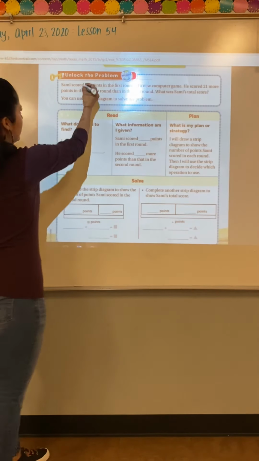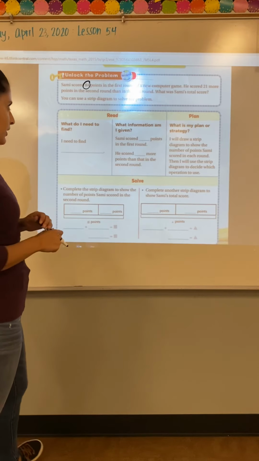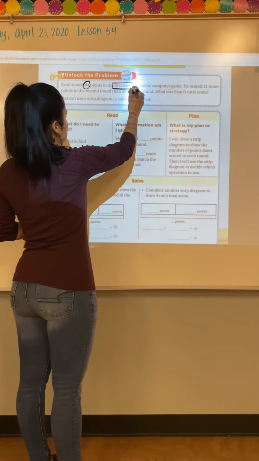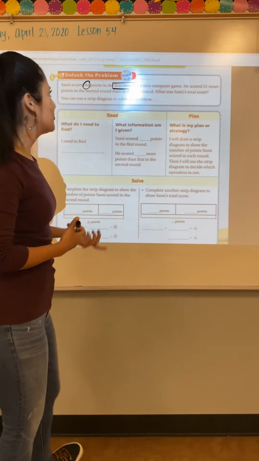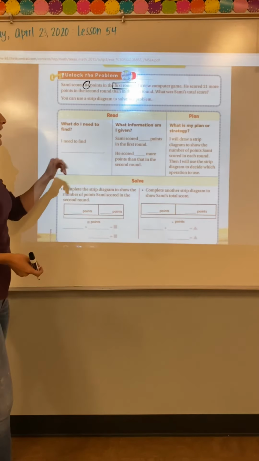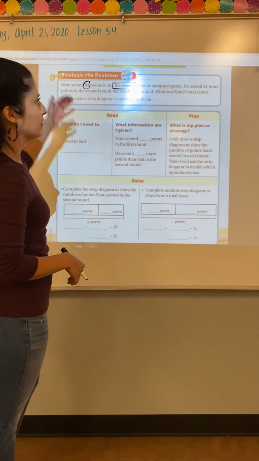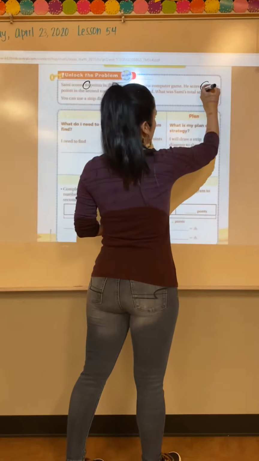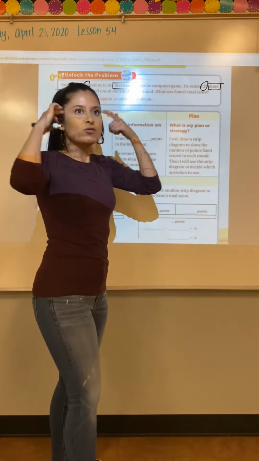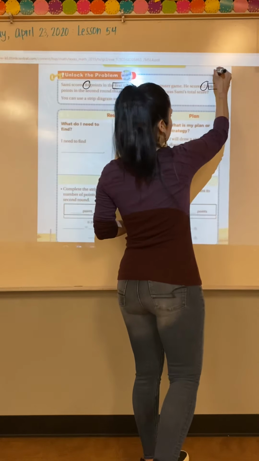Sammy scored 84 points in the first round of a new computer game. Okay, put yourself in Sammy's shoes. I'm sure you've played computer games, video games when you're at home. She scored 84 points in the first round. Sammy scored 21 more, so think of more as greater, larger, bigger number.